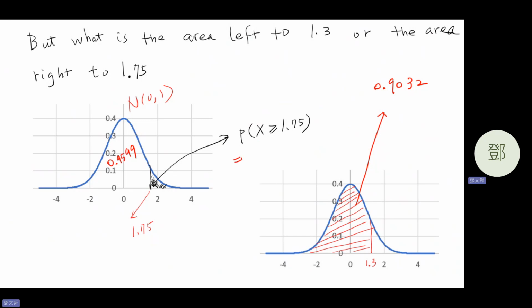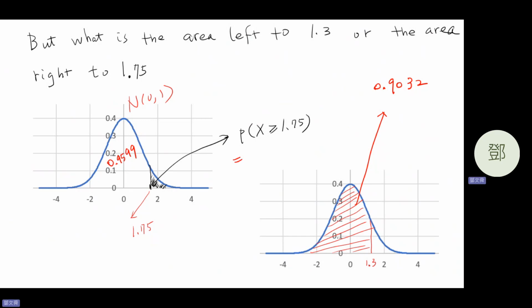The area is 1 minus the area on the left. The right tail area is 1 minus the area on the left.